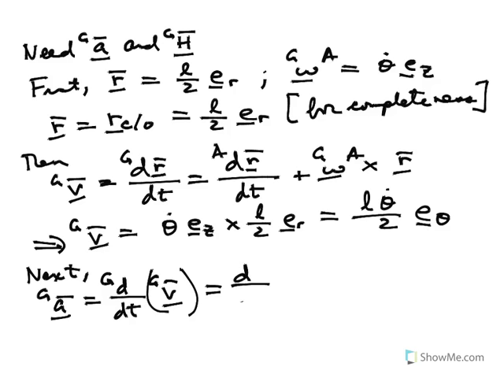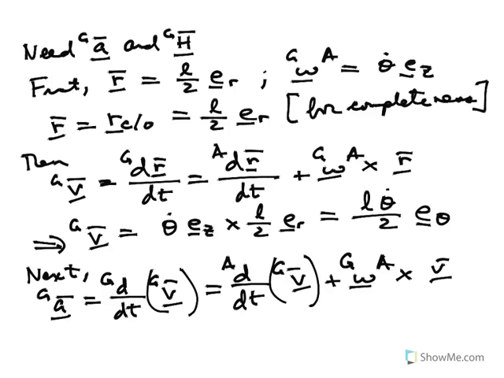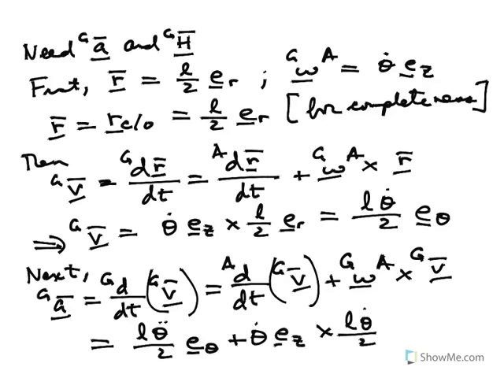That's equal to, again by the transport theorem, the rate of change in the arm of the velocity of the center of mass in the ground plus the angular velocity of the arm in the ground crossed with the velocity of the center of mass as viewed by an observer fixed to the ground, which is equal to, well, if we take the rate of change, we get L theta double dot over 2 E theta plus theta dot Ez crossed with L theta dot over 2 ER.